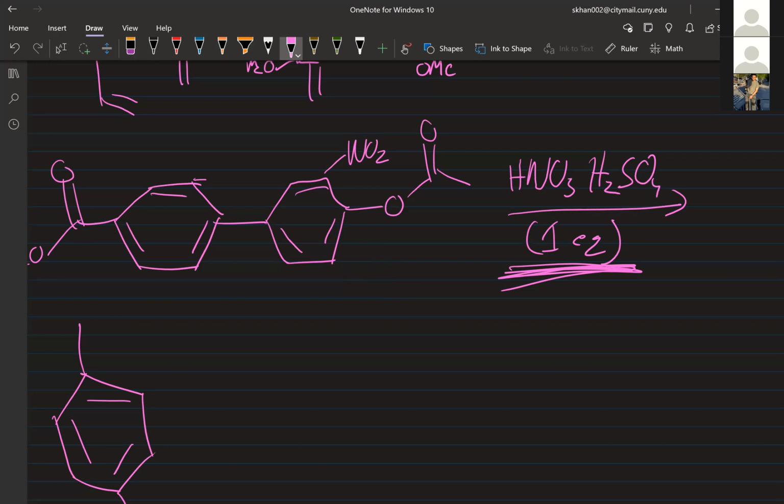If I had something like this, with a methyl group at that carbon, then where would it nitrate, A or B? Think about that. If I had a methyl group next to A, would it nitrate at A or B?